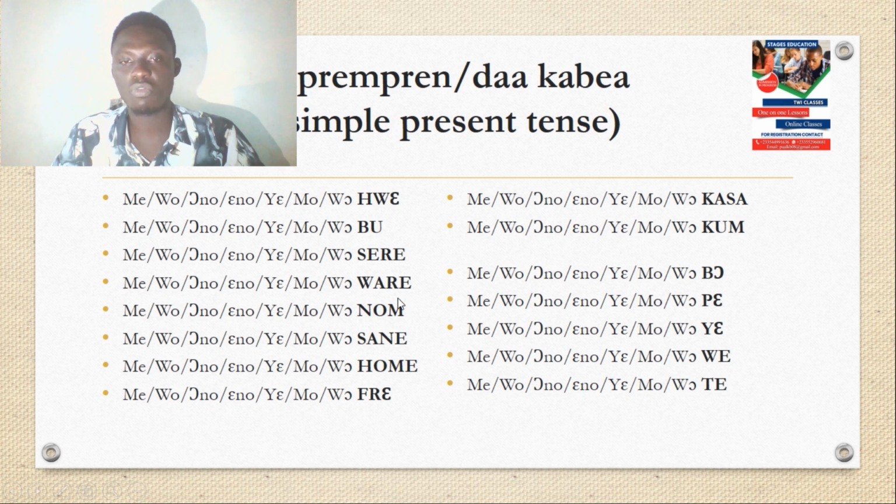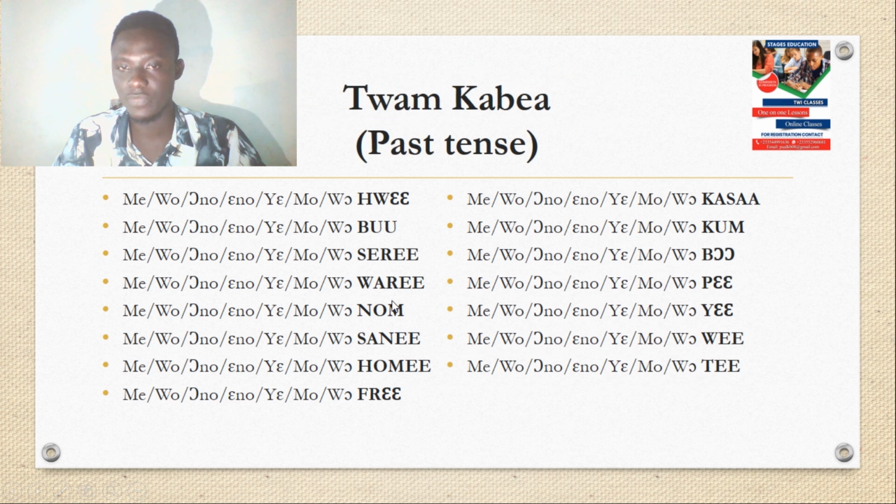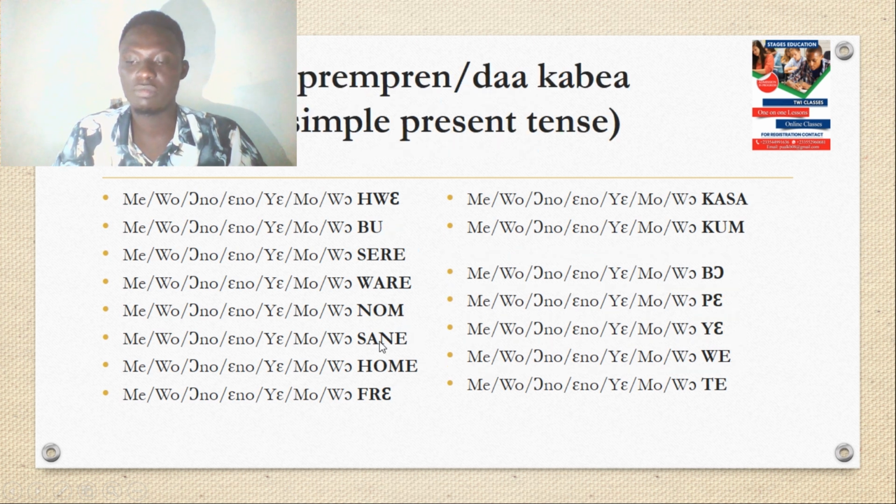Now you see nom here is a verb, but it ends with a consonant. So when we move to the past form, you will see all the vowels at the end were doubled except nom, because it's a consonant, so it wasn't doubled, but its tone will change in its past form.